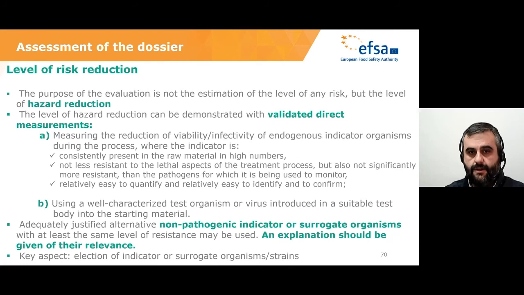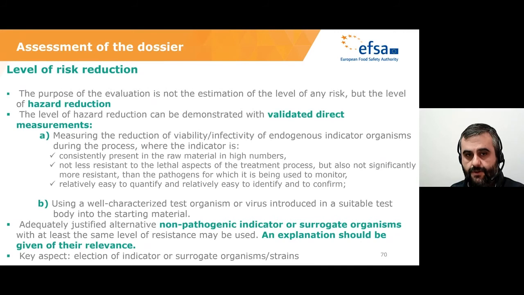Okay, so how can the applicant demonstrate the level of reduction that is achieved for the hazards that have been selected as the most relevant in the hazard identification process? There are different ways of proving the level of risk reduction of the alternative process.